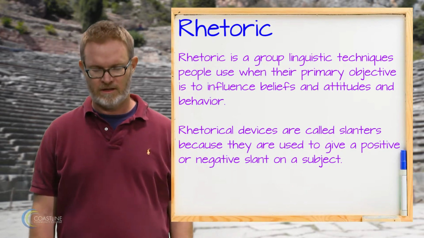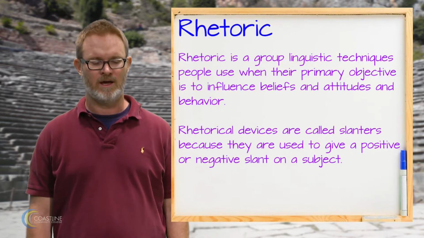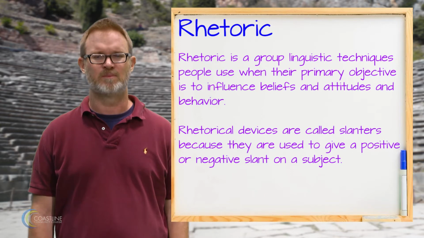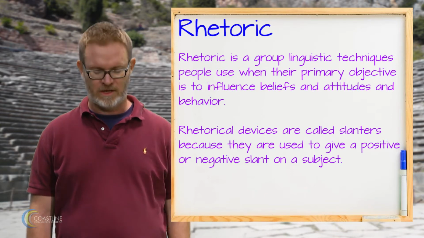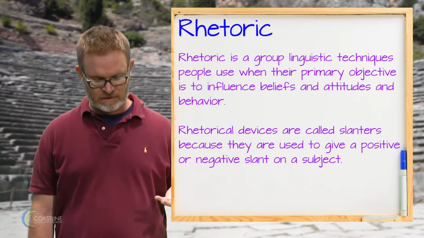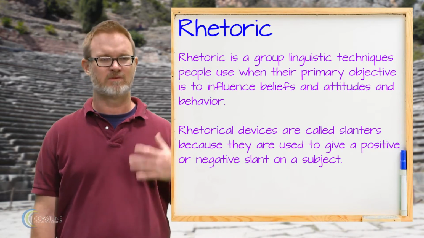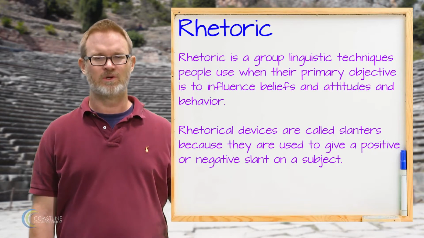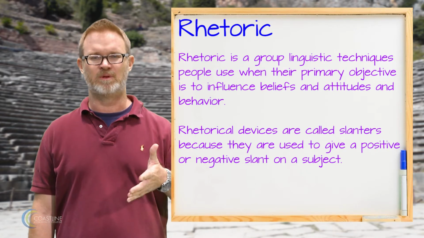And the idea is that some of the language we use has in itself a kind of ability to persuade, right? Because of this, we call rhetorical devices and rhetorical language a kind of slanter, because just in virtue of the words used, it can slant someone's opinion or beliefs on a matter.